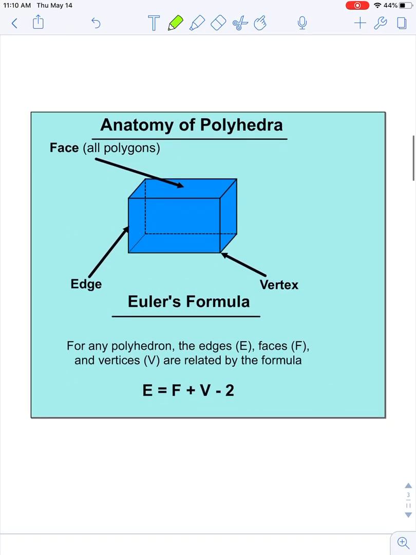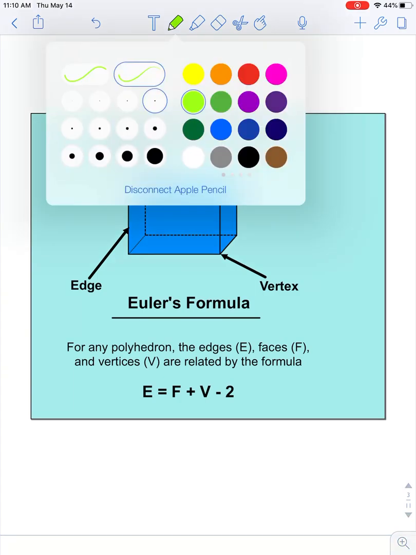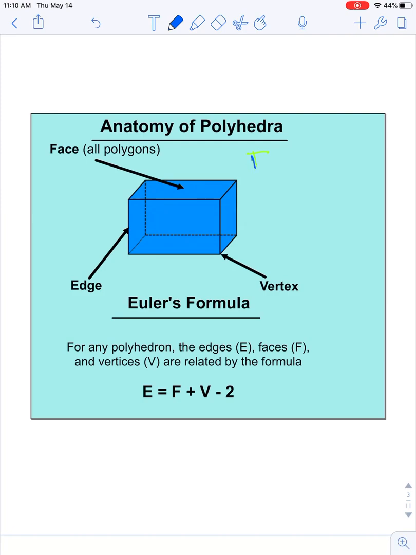So if we look at sort of the anatomy, a visualization of an object that you're familiar with is like a tissue box. So think about a tissue box or a Kleenex box, and that's something that you can physically look at probably in your house and compare this. So here again we have the faces marked right here.